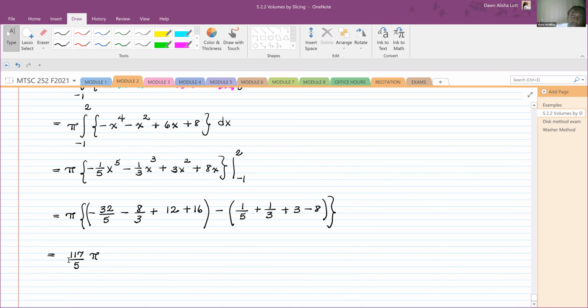So in regards to the integral, you just plug in the final value, 2 for x, so that you get 117/5? Right, so the first piece I plugged in 2 for x, and the second piece I plugged in -1. Oh, okay, thank you. No problem.